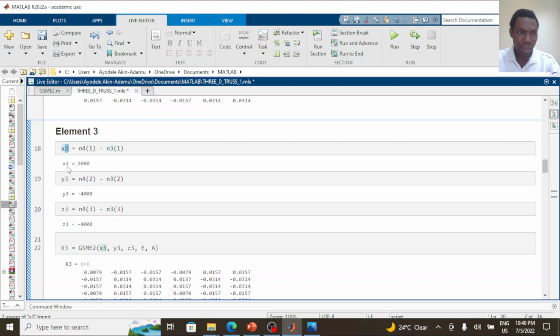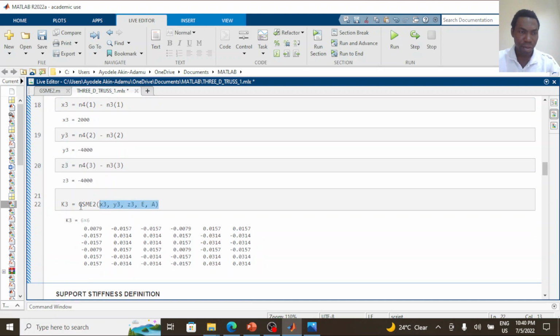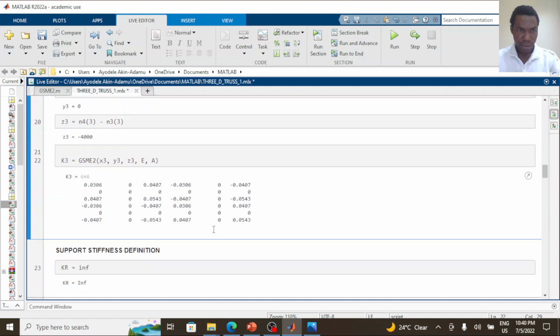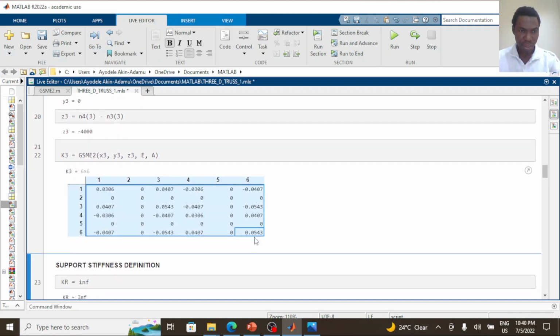So x3, y3, z3 are my coordinate differences. So I'll enter this in the function. I'll denote it as k3. K3 is my local stiffness matrix for element 3. I will run. K3 is calculated now. So this is the K3 matrix.